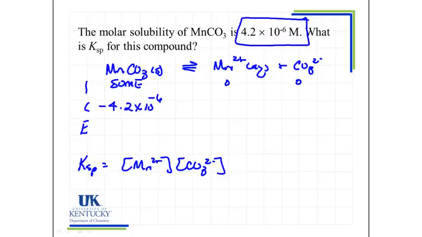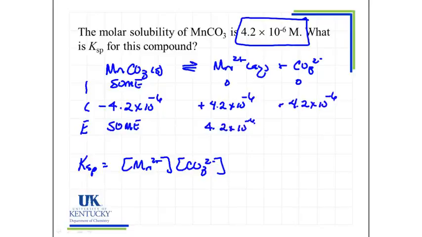We carry the change line across, so we are going to produce 4.2 times 10 to the minus 6 of this substance, and produce 4.2 times 10 to the minus 6 of the carbonate. So there's a large excess of the solid, so there's still some sitting on the bottom, but we now know the quantity at equilibrium of these two substances.